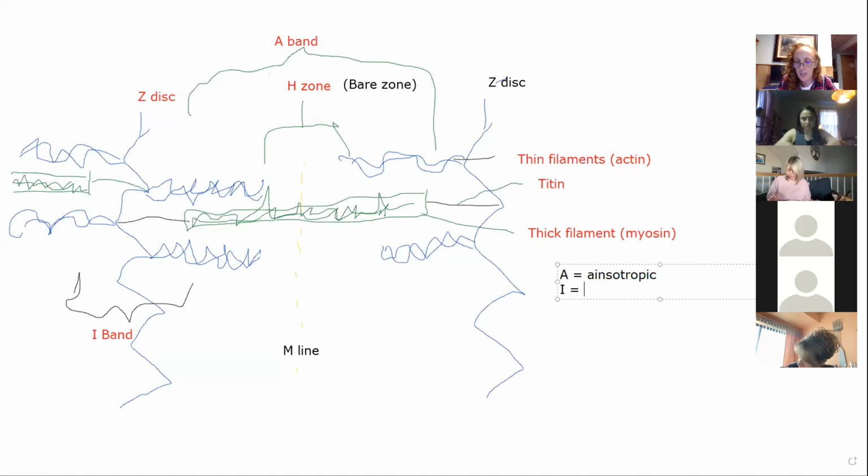I'm not sure just how much that helps me, but that's where the names come from. I still think it's easier to just remember that the A is the darker band and the I is the lighter band, because the A is in the word dark and the I is in the word light. Yeah, I'll stick with that.